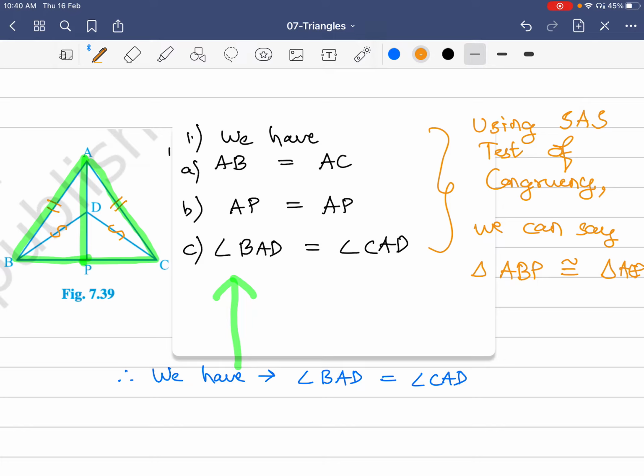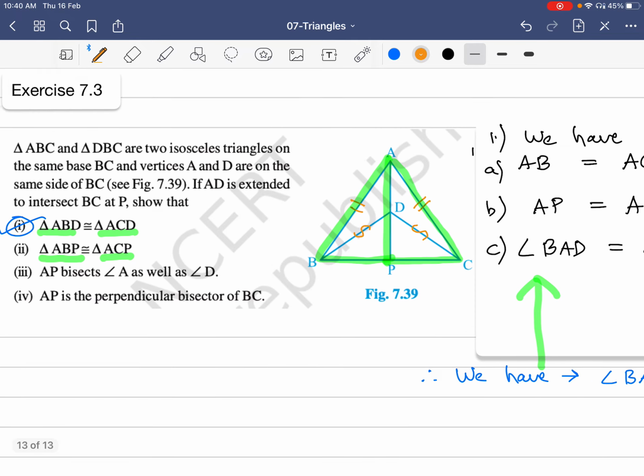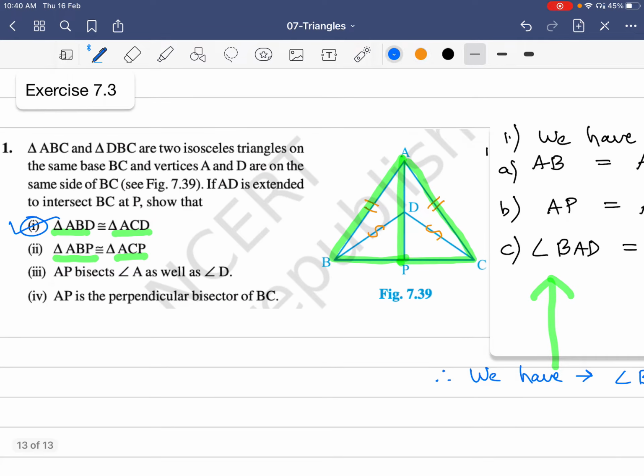Let's write it a bit better. Triangle ACP, and that is the second point that asks us to prove, and I'm going to mark it done. So we have proven that ABP is equal to ACP.